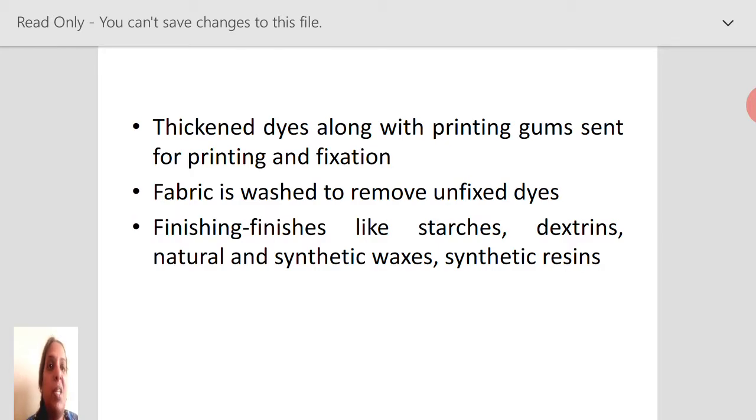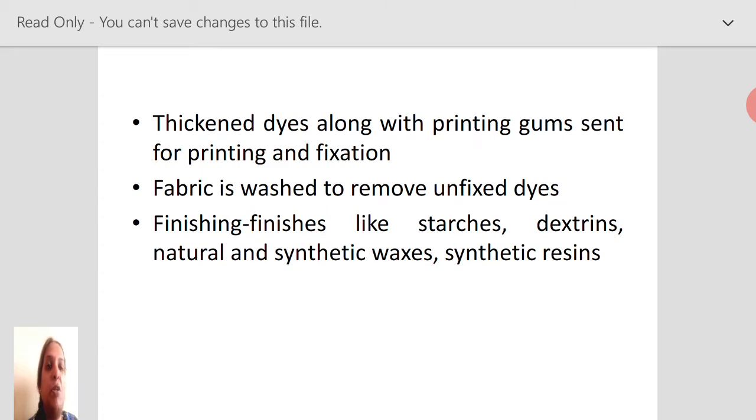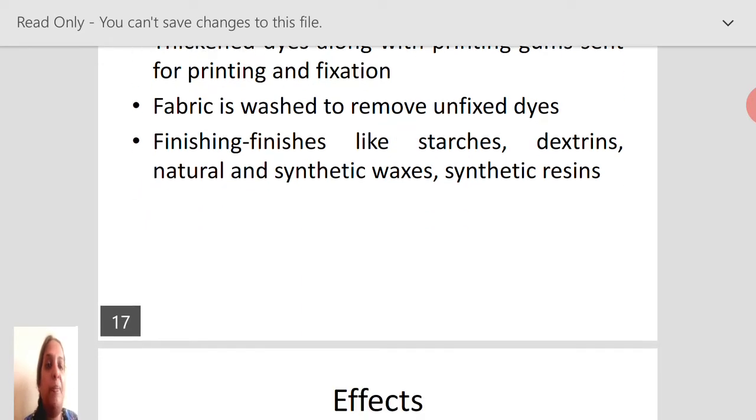After this, once the dyeing is fixed, the thickened dyes along with the printing gums will be sent for printing and fixation, where it will be printed, and then the fabric will be washed to remove the unfixed dyes. And finally, in the finishing process, finishes like starches, dextrins, natural and synthetic waxes, and synthetic resins are used, so that the colors and the finishes get firmly stuck onto the cloth.